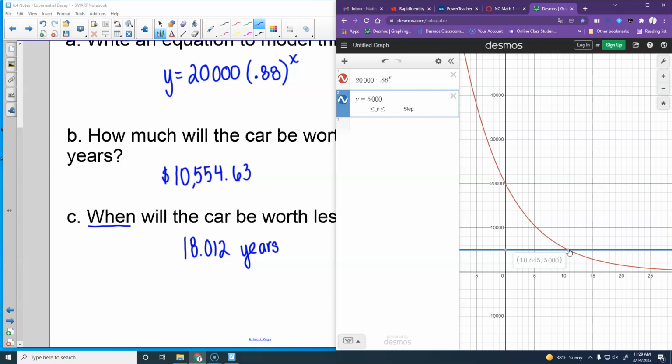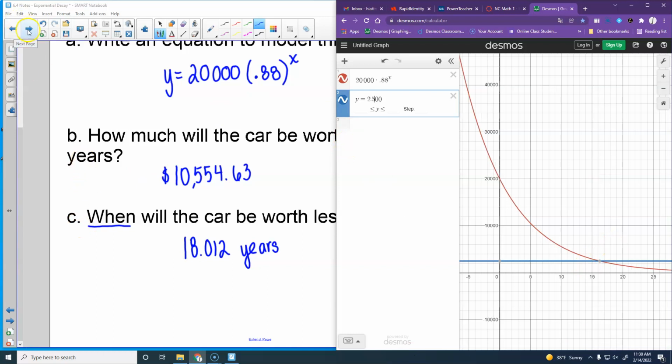If instead of 2,000, I did 2,500, we got 16.267, so it's like 6.5 years to cut in half again. So if you buy a cheaper car to begin with, it's still losing value at the same rate, but it's not going to be as drastic as far as the amount of money goes.